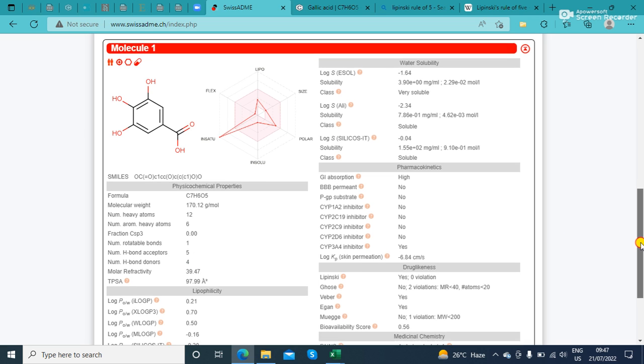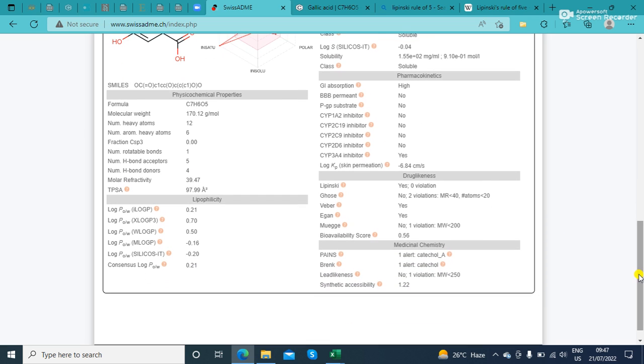Now we are looking for the lipophilicity, so the log P. You will find here that there are different log P values: iLogP, XLogP.